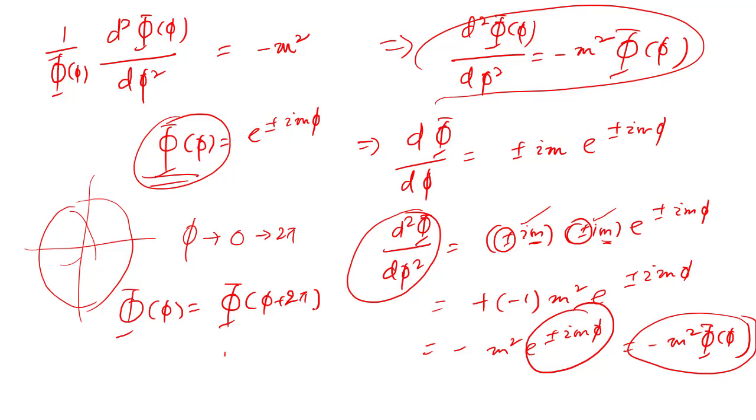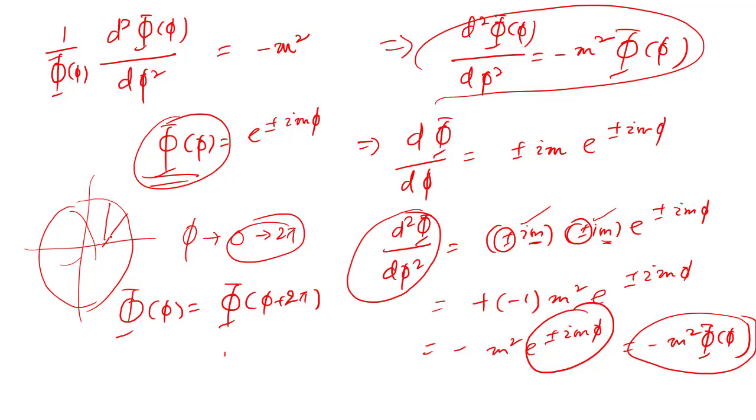This need not be the case for all problems. There may be some problems where you have a certain configuration of the conductor where you don't have 0 to 2 pi. Let's say you have a wedge in the conductor and the angle is only beta, then you may have different constraints there on theta or phi depending on the problem.